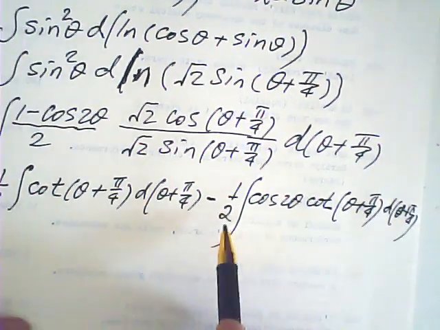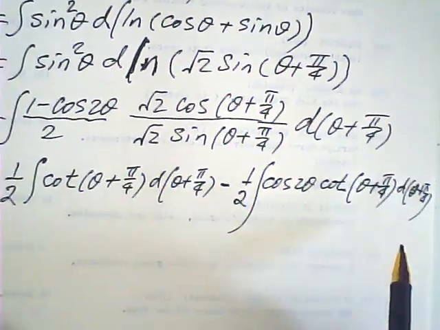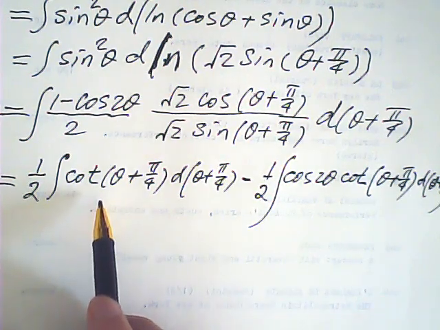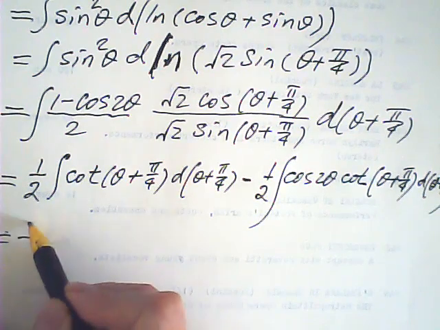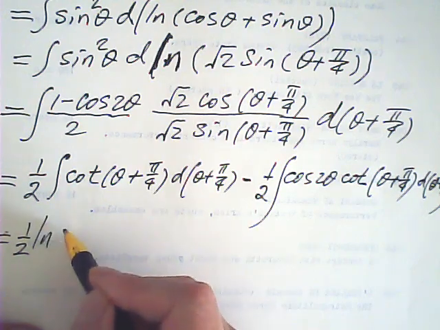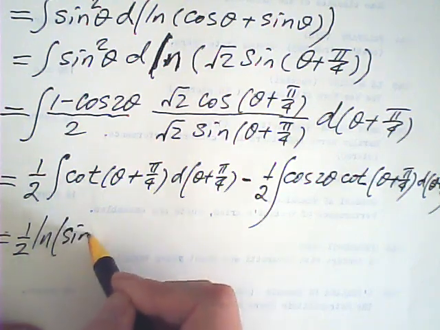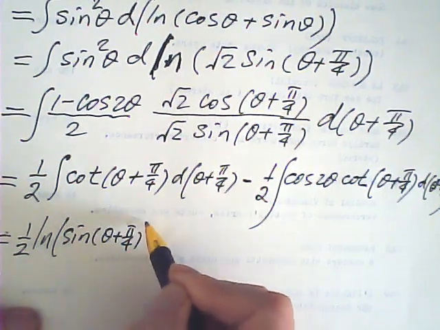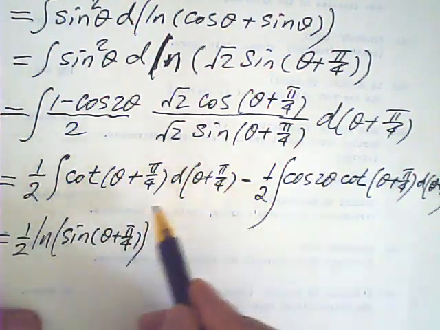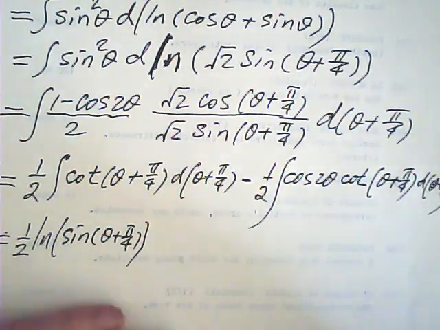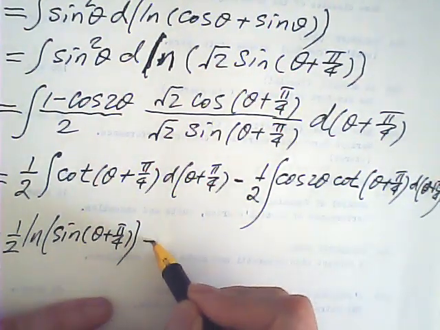Well, I hope you can see clearly. The first part is easy. That is 1/2 log of sine of theta plus quarter pi, right? That is this integral with respect to theta plus quarter pi. And the minus.